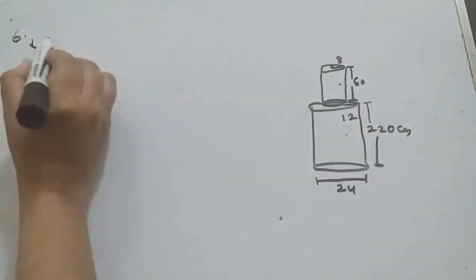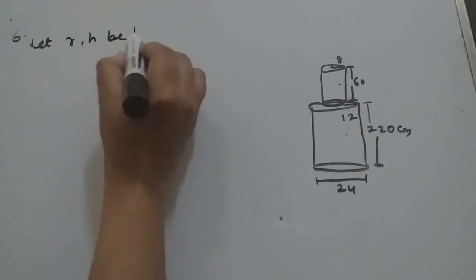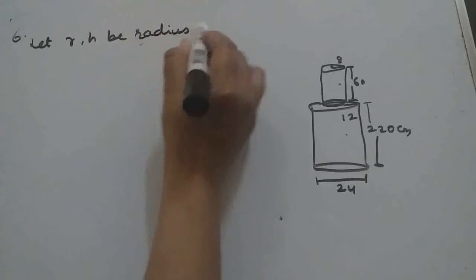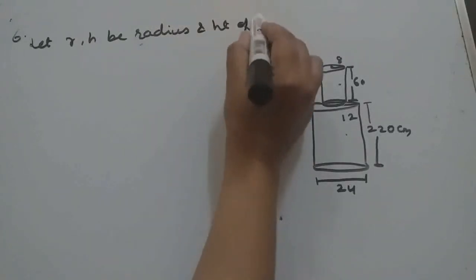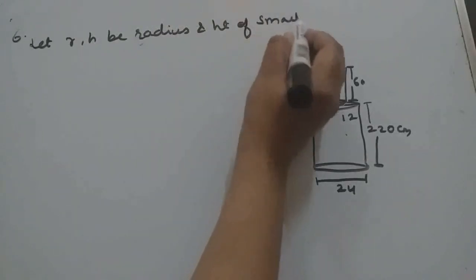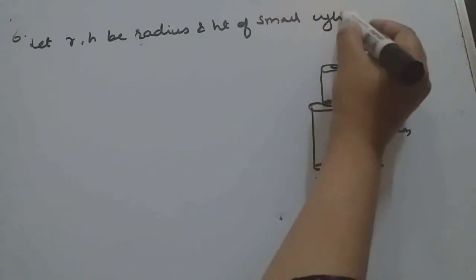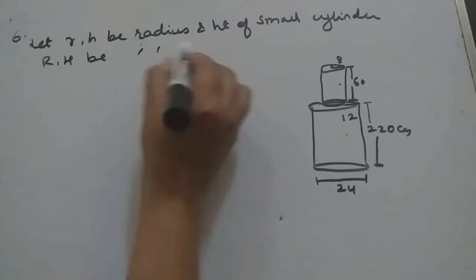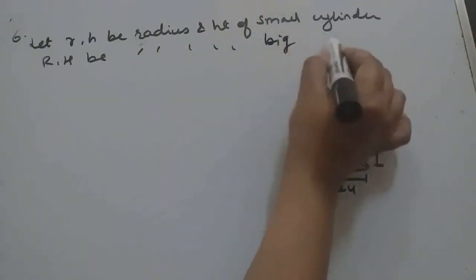So let r and h be the radius and height of the small cylinder, and capital R and H be the radius and height of the big cylinder.